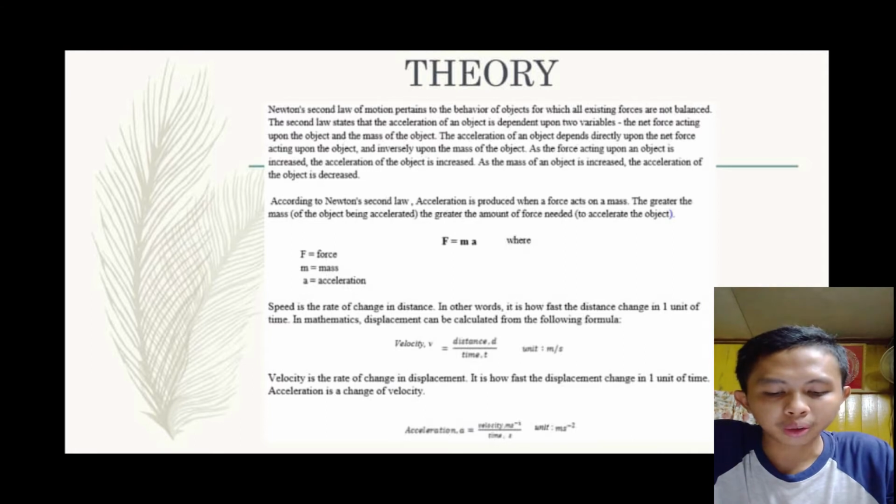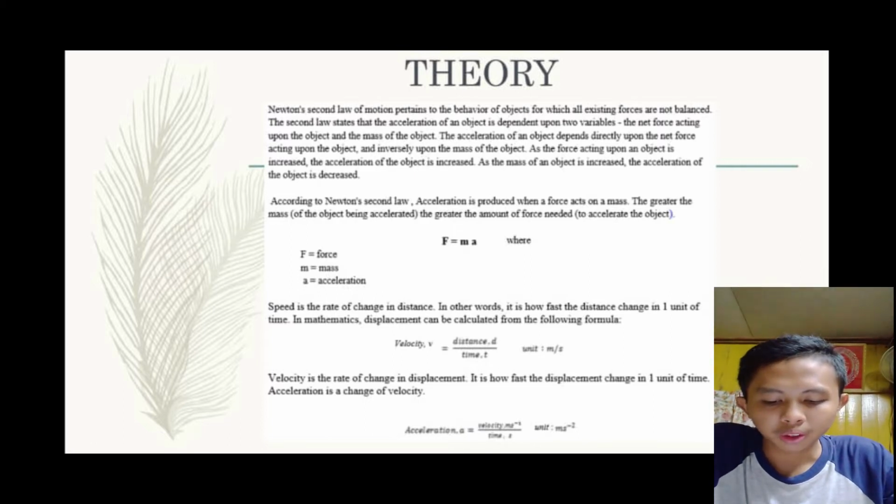As the force acting upon an object increases, the acceleration of the object increases. As the mass of an object increases, the acceleration of the object decreases. According to Newton's second law, acceleration is produced when a force acts on a mass.